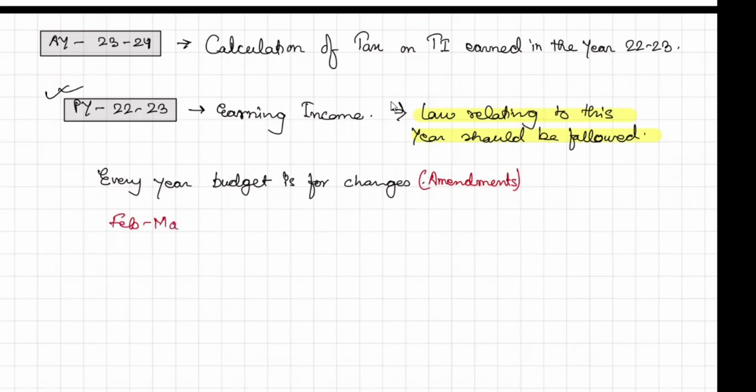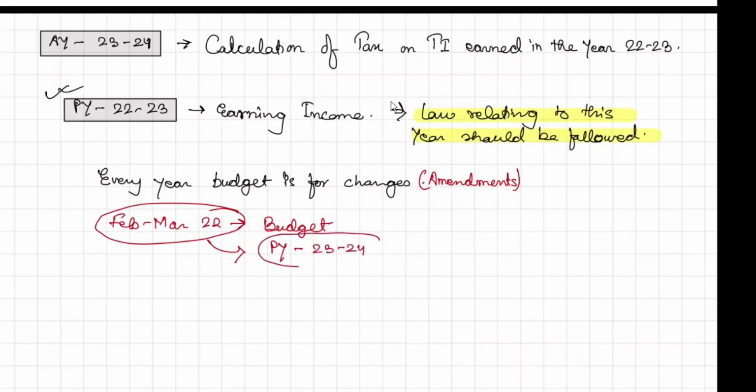So similarly, in February to March 22, there was a budget. And this budget will be applicable in the previous year 23 and 24.